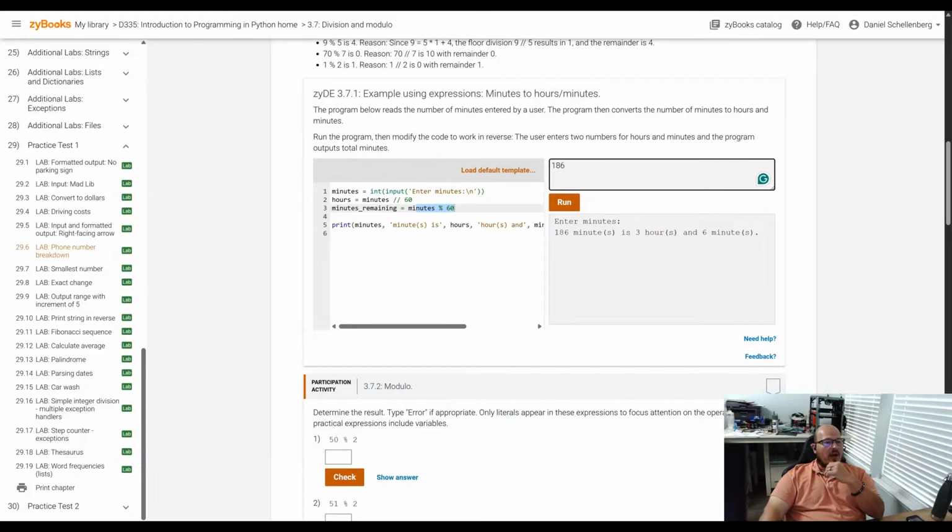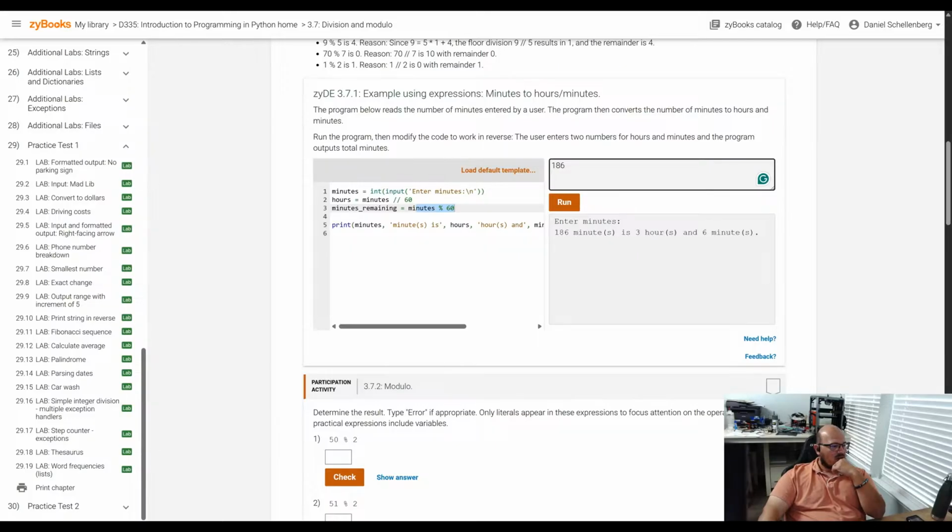Oh, okay, that's why. When we do the math, the number one represents a unit, right? So when we say 186 divided by 60, it calculates how many whole times 60 goes into 186.